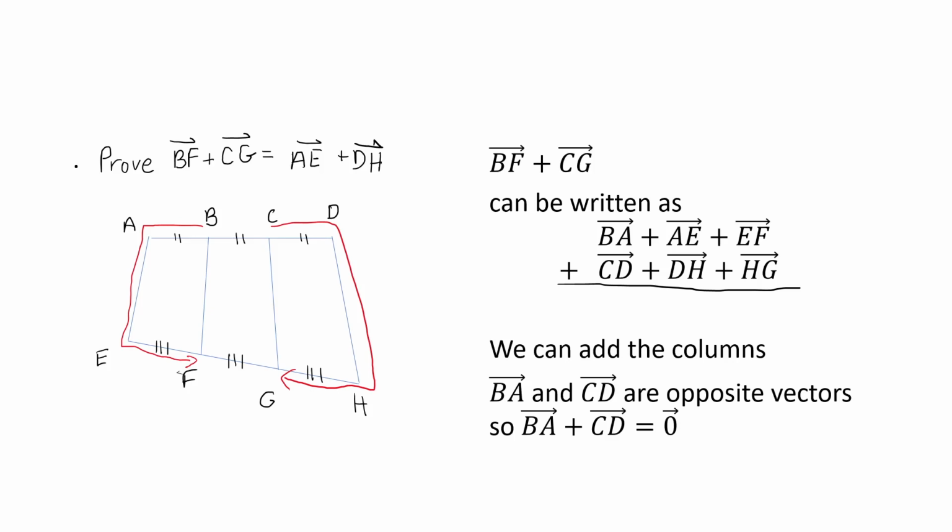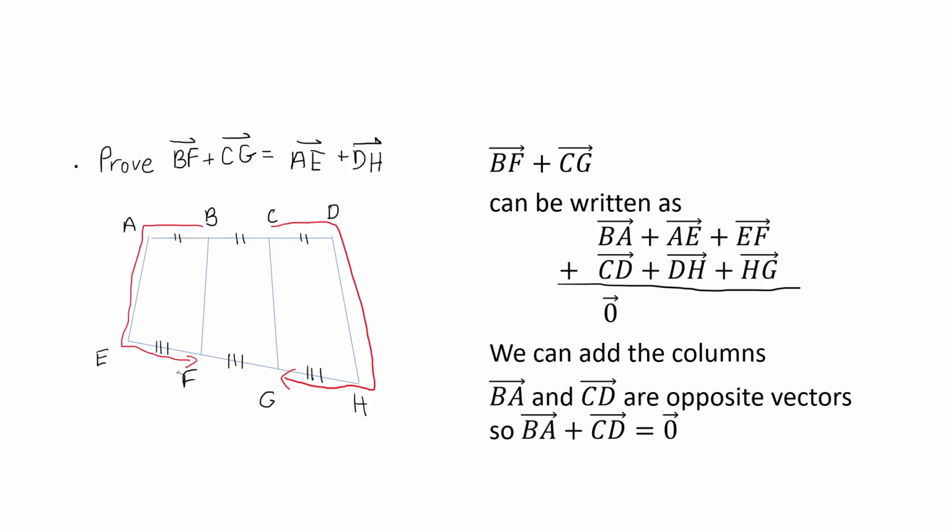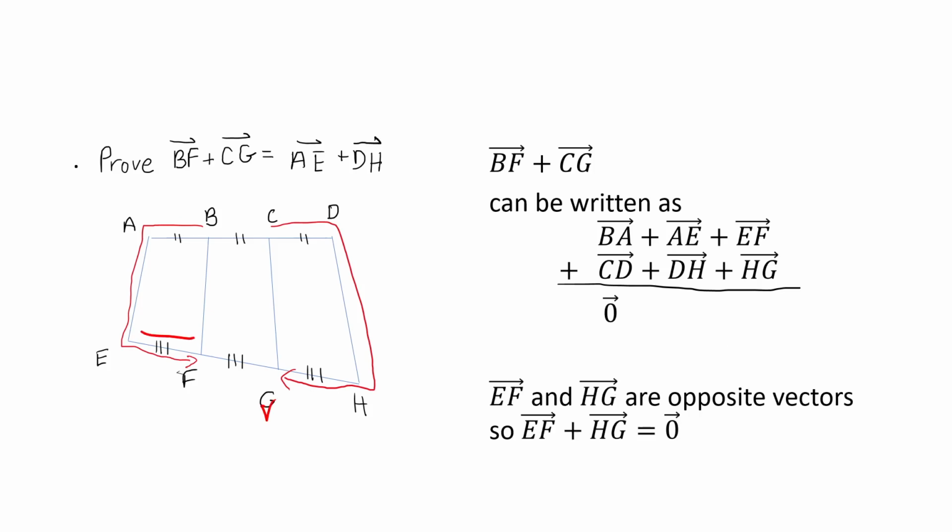So we'll show it a little more nicely here. So we're going to add the columns. So BA and CD are opposite vectors, and as we discussed earlier, same magnitude, opposite direction. They're going to add to 0. And EF and HG are opposite vectors, so when we take this EF and add it to HG, they're the same magnitude, opposite directions.